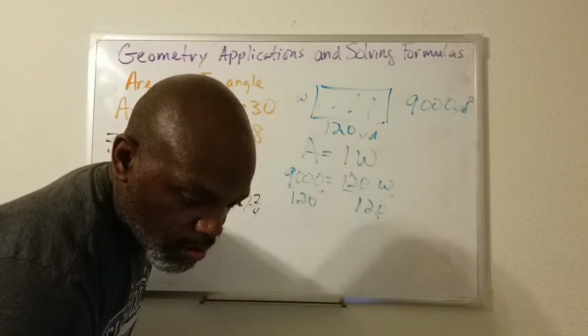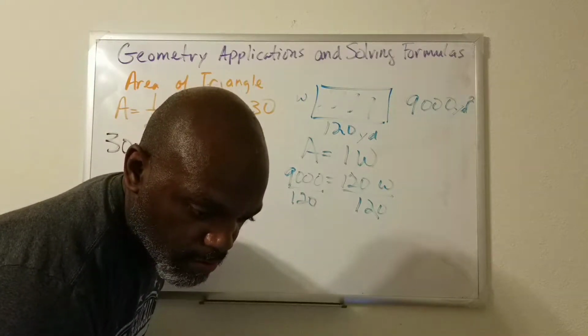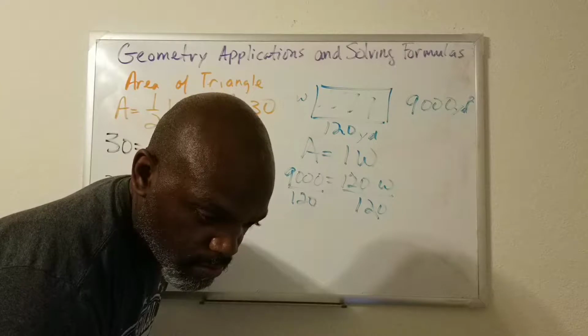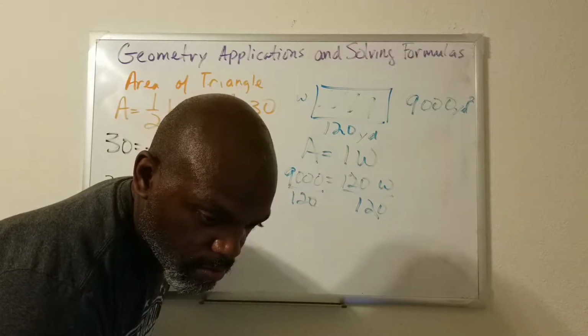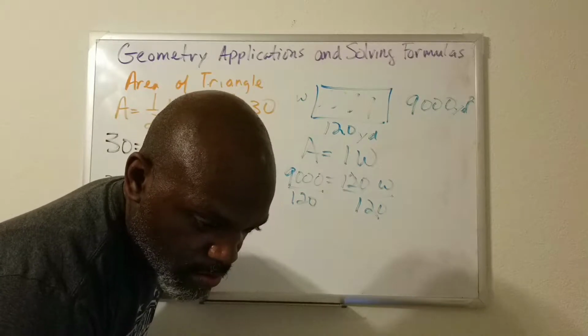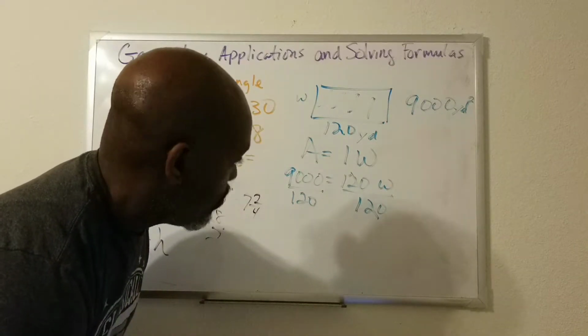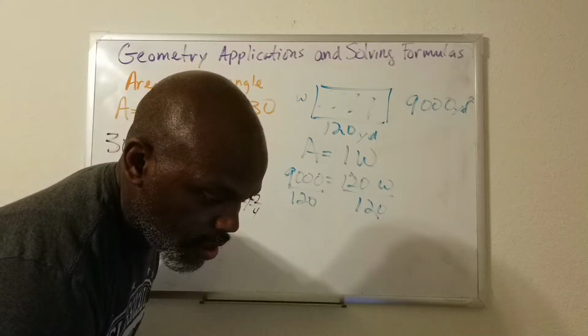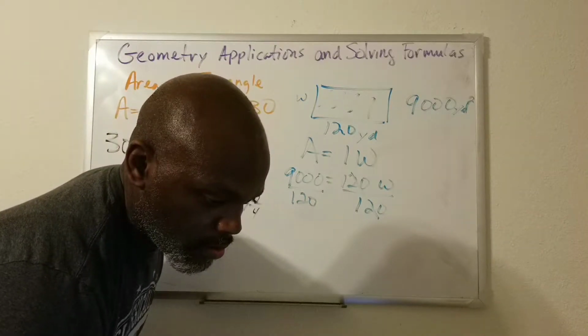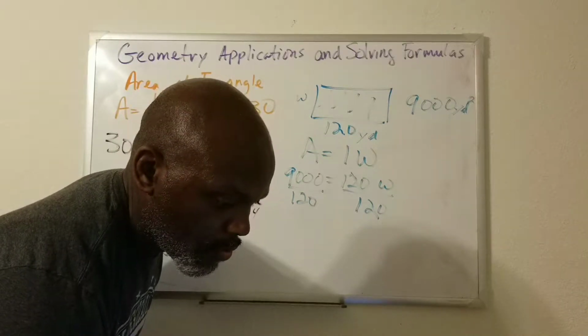I need to get my calculator out, it'll be a lot easier. 9,000 divided by 120.